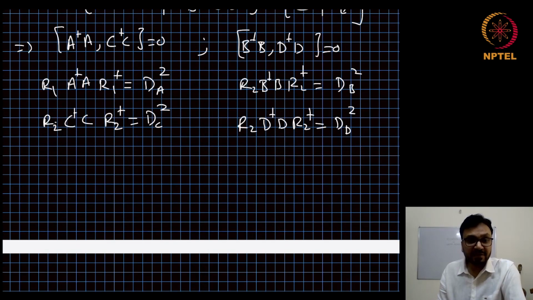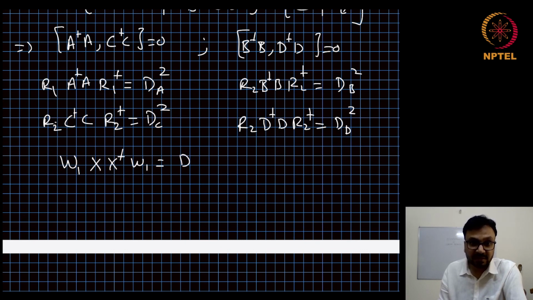Now, let us say we have unitaries W1 and W2 such that W1 X X dagger W1 dagger is dx square and W2 X dagger X W2 dagger equals dx square. Then we can write W1 X W2 dagger as dx. This is called singular value decomposition.